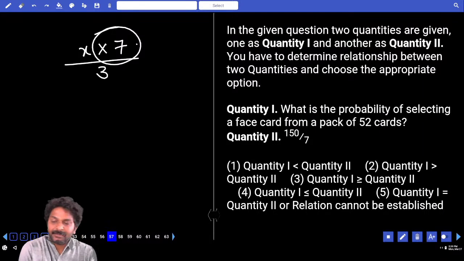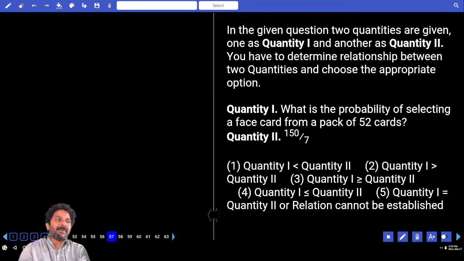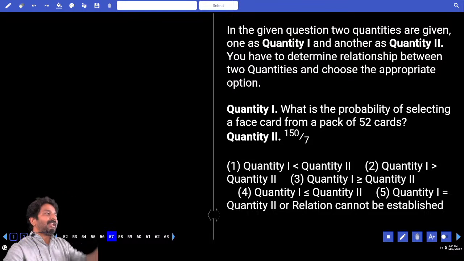What is the probability of selecting a face card from a pack of 52 cards? Hold it. Read Q2. What is Q2? 150 by 7. We don't have to do anything with Q2, right? Because the number is already given there. Just calculate Q1 and compare. What is the total probability in any case? 1.